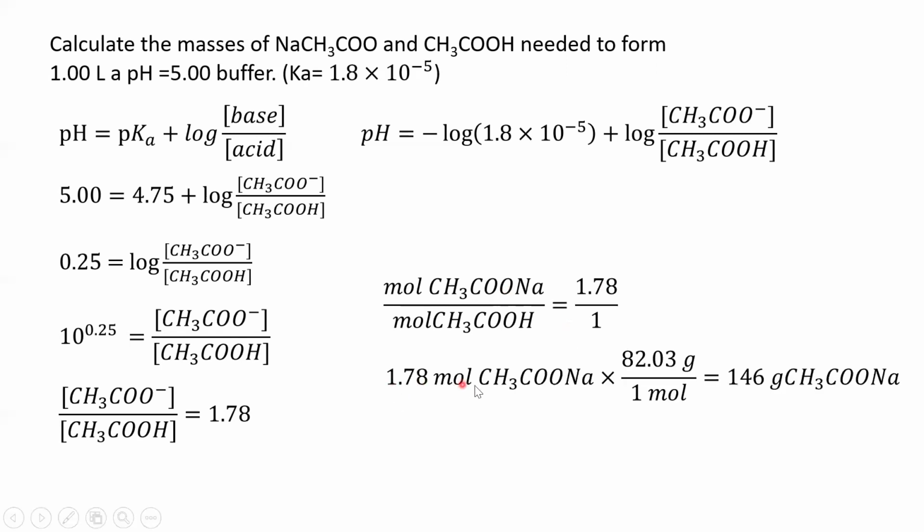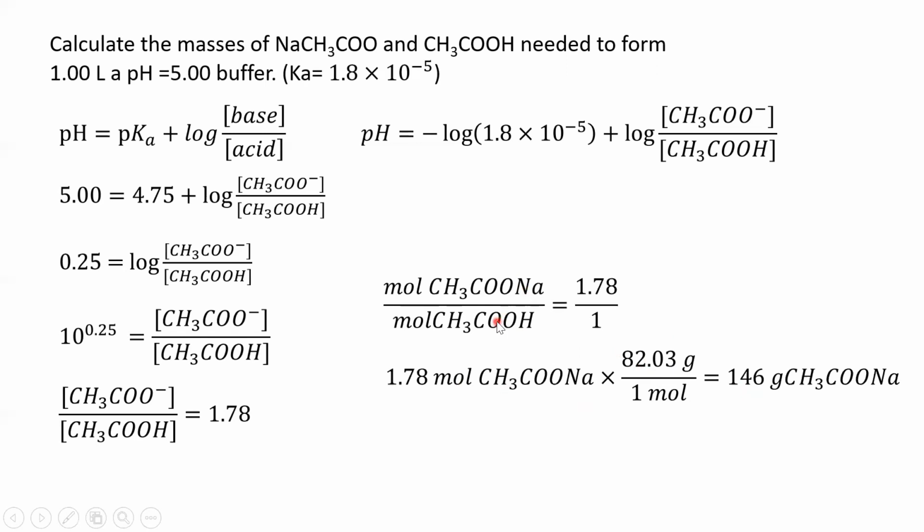So 1.78 moles of sodium acetate can be converted to grams by looking up the molar mass of CH3COONa. That's where that 82.03 comes from.